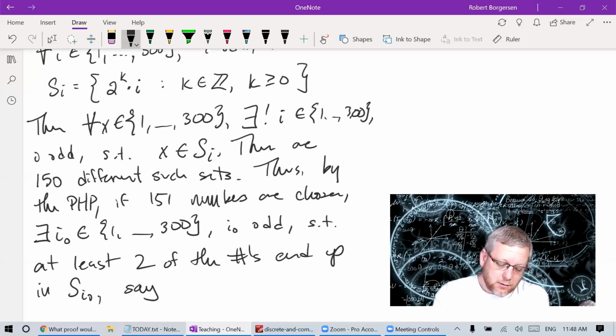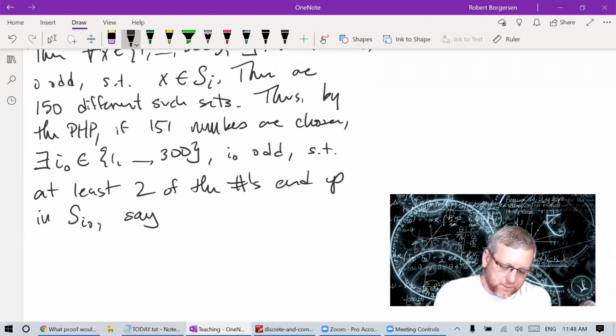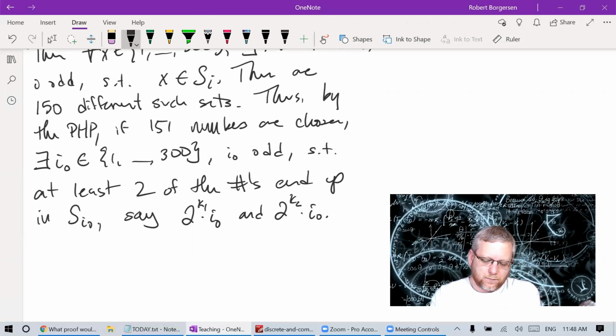Say, the first one we'll say is 2 to the power of K1 times I0 and 2 to the power of K2 times I0. That's the key. So now I've got two numbers inside that particular set, SI0.